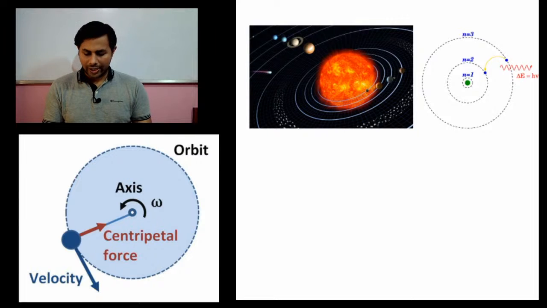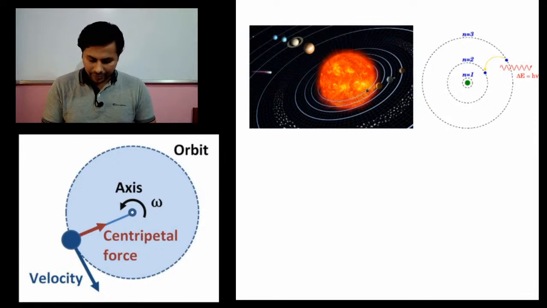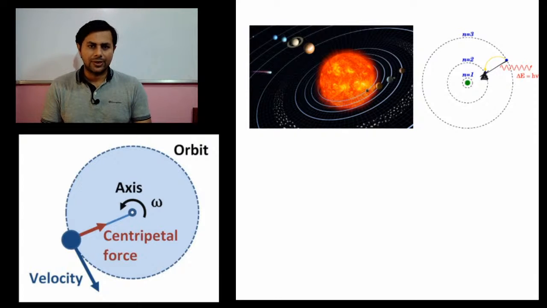The centripetal force comes from the electrostatic force between positive and negative charges, which keeps pulling the electrons towards the nucleus, directed along the radius and towards the center.